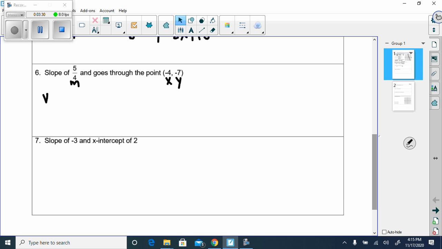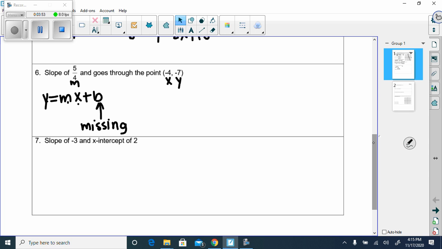So I know I need it to be in this form, y equals mx plus b. And they did give me something to plug in for y. They gave me something to plug in for m. They gave me something to plug in for x. So the only thing that I am missing is b.